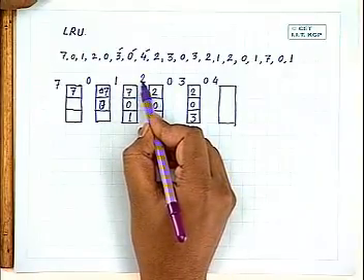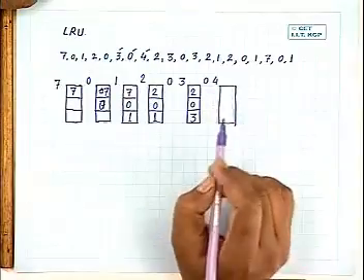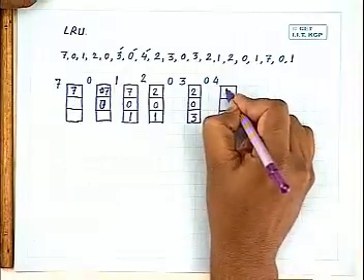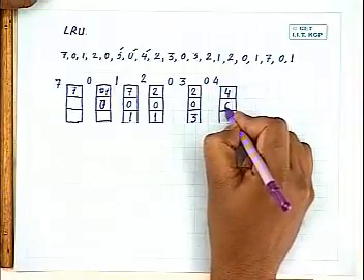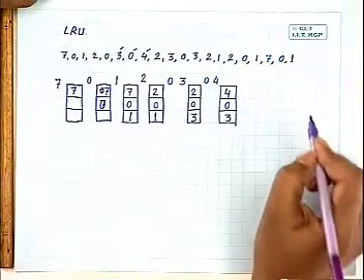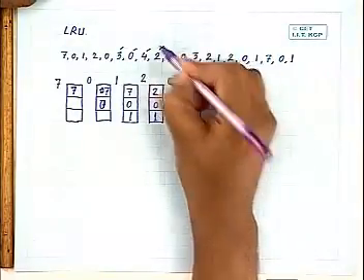So we will replace page number 2 by page number 4. So the situation will be 4, 0 and 3.